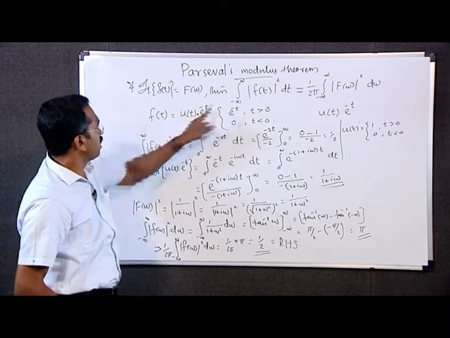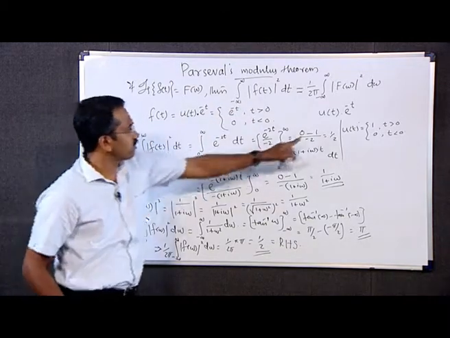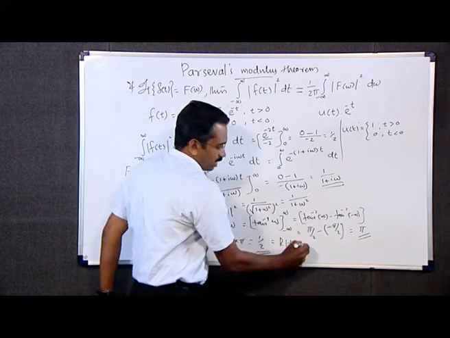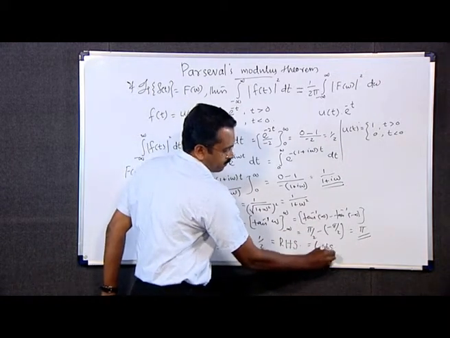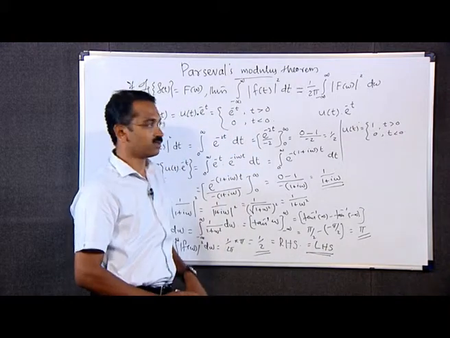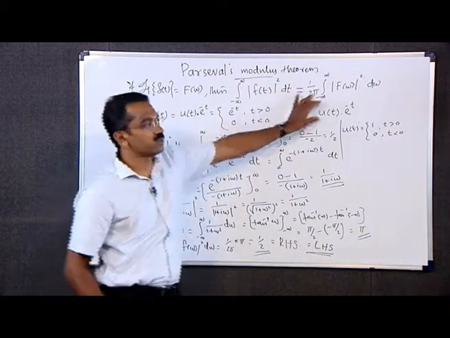We got the left hand side integral as 1 by 2. Therefore, RHS equal to LHS. Hence, we verified the Parseval's identity for this given function.